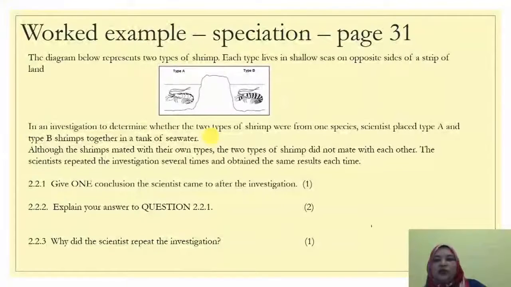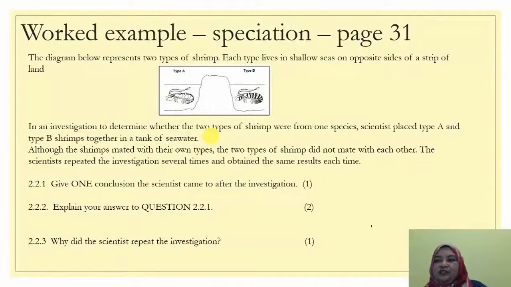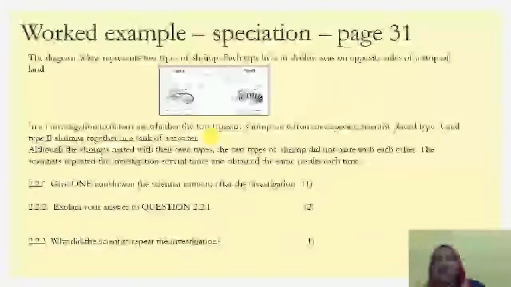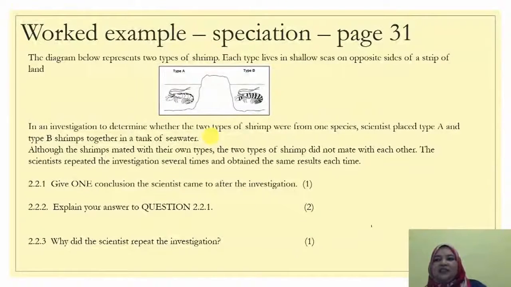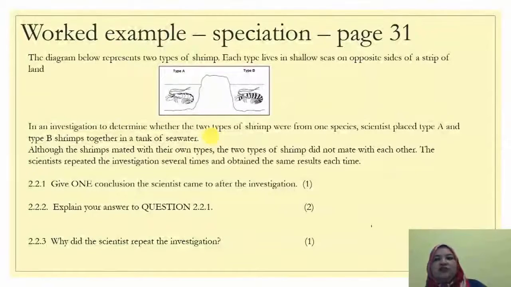Although the shrimps mated with their own types, the 2 types of shrimp did not mate with each other. So they did not interbreed. The scientists repeated the investigation several times and obtained the same results each time. Give one conclusion the scientists came to after the investigation. What is the conclusion that you can now make?